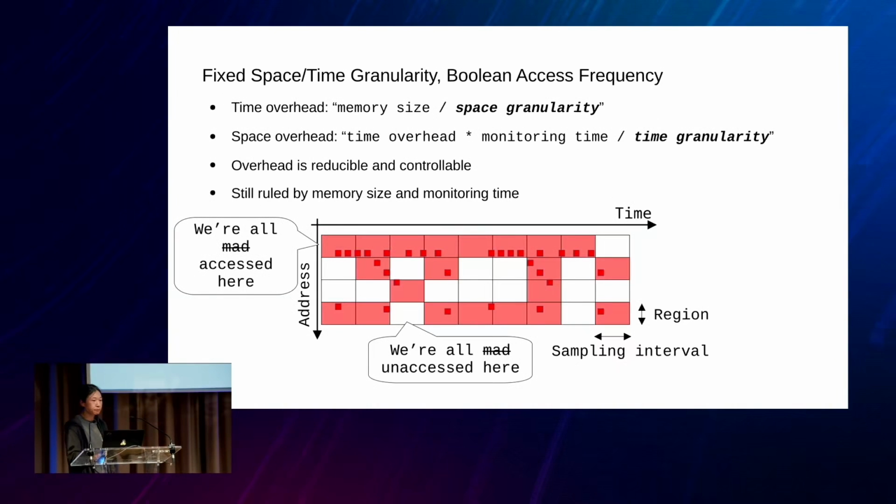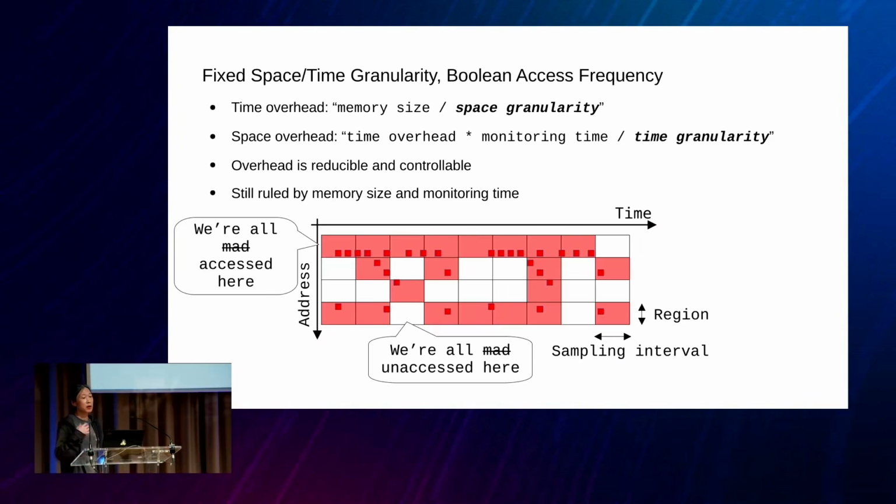So we can start by defining the region with fixed granularity of space and time, and a very simple Boolean access frequency, whether the region has access or not. By utilizing this, we can simply split the space-time access event map with a fixed granularity time interval, which we call the sampling interval, and also split the space with a fixed granularity of size called the region size.